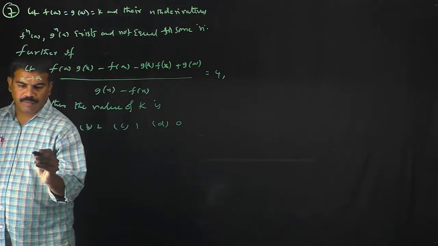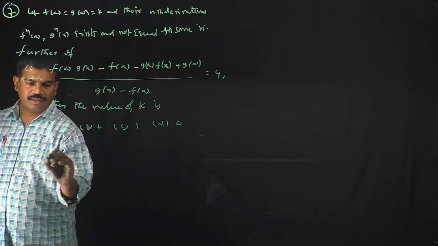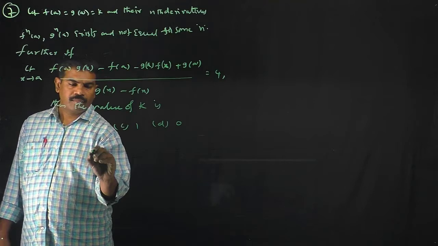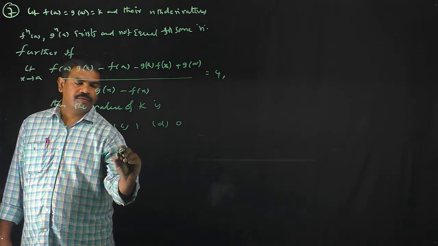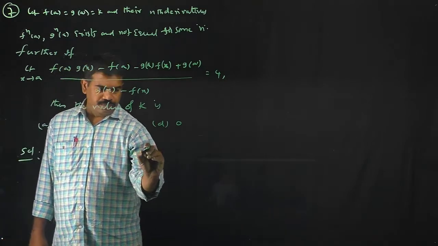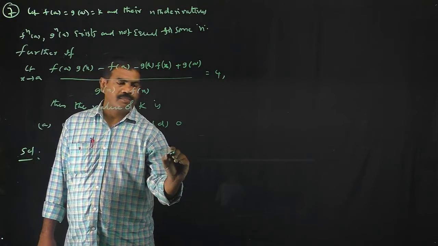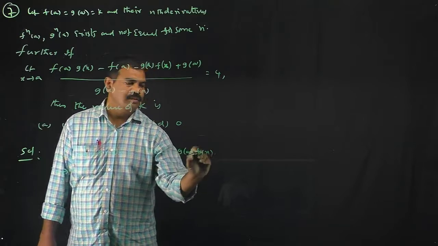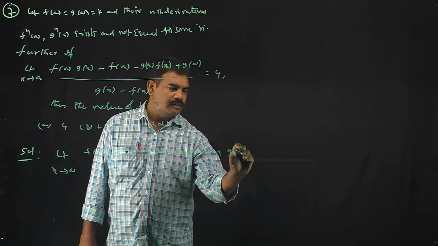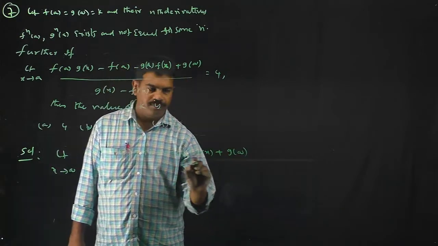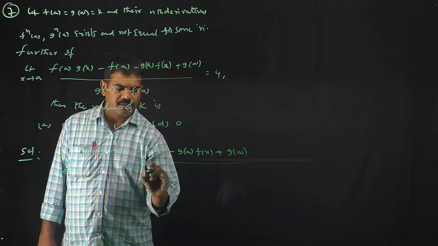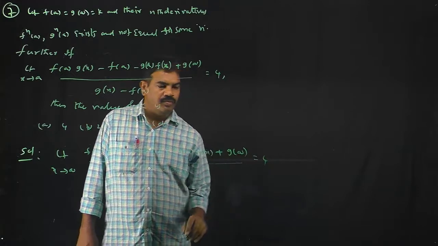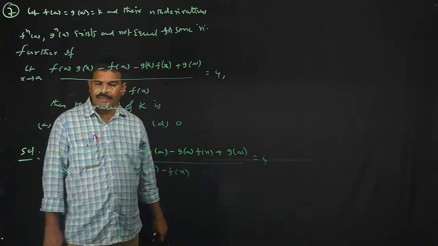Now take the given problem, that is limit x tends to a of (f of a into g of x minus f of a minus g of a into f of x plus g of a) by (g of x minus f of x) is equal to 4. Now we apply the limit.